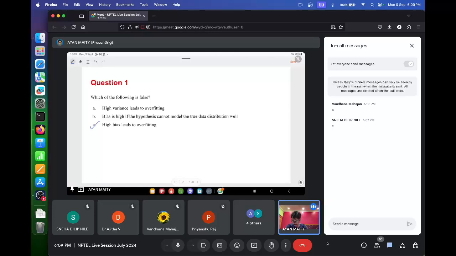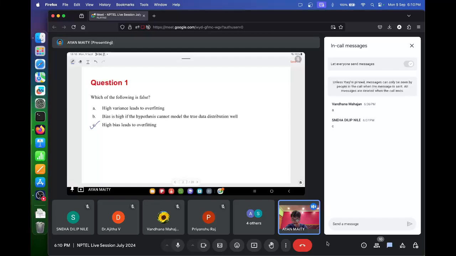And option B says that bias is high if the hypothesis cannot model the true data distribution well, which is also correct. If the hypothesis cannot model the true data distribution well, that means the predictions of the hypothesis are very much different from the actual output of the data or the target variable. So bias is the difference between the prediction and the actual target value.